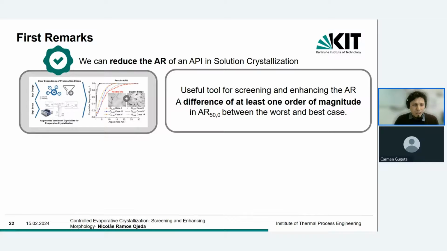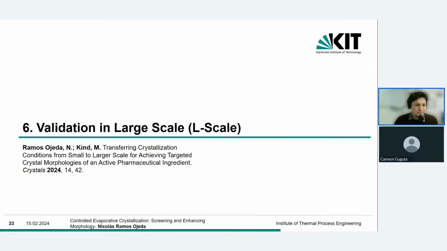And we fulfill all the considerations that we had at the beginning: an efficient usage of raw material, an unmistakable assessment of the crystal morphology with the process conditions, and thanks to the geometry or the characteristics of the crystallizer, we believe that it facilitates the transferability for scaling. And this is the next part of my presentation.